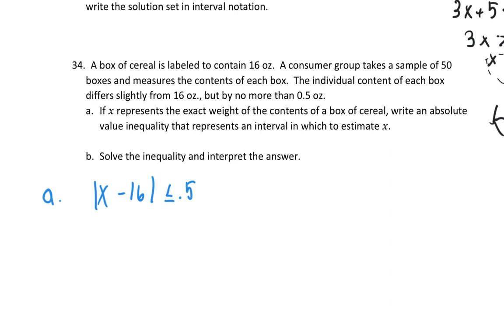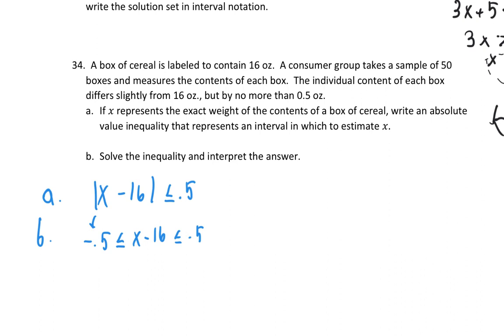So part B is to solve that and interpret the answer. So for this, because this is less than the number, that means when we set it up, this is an "and," so we're going to have our compound inequality of negative 0.5 less than or equal to x minus 16, which is less than or equal to 0.5.